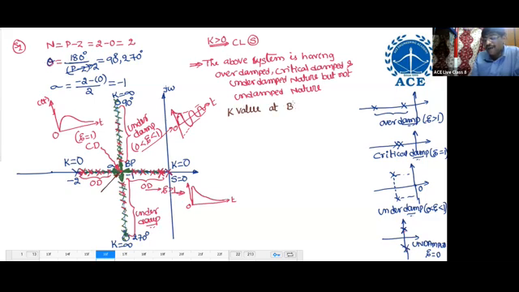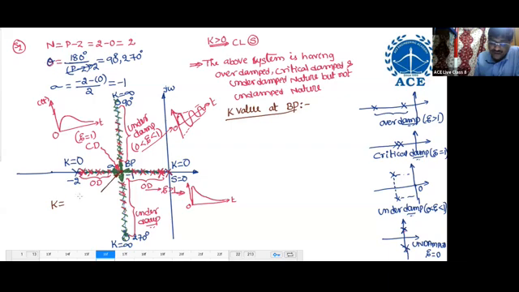I already told you: the K value at the breakpoint you can find by using the magnitude condition or the product of lengths. Product of lengths is very easy here. K equal to product of lengths. From this point to a pole, 0 to -1, the length is 1.